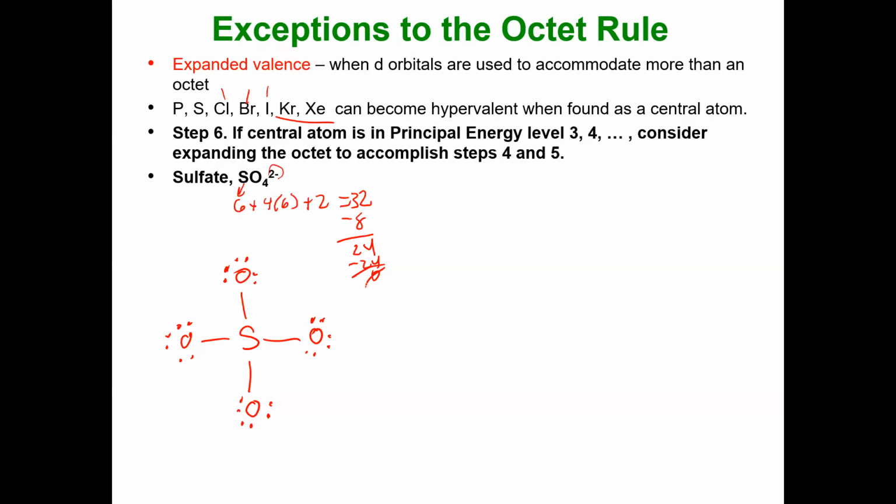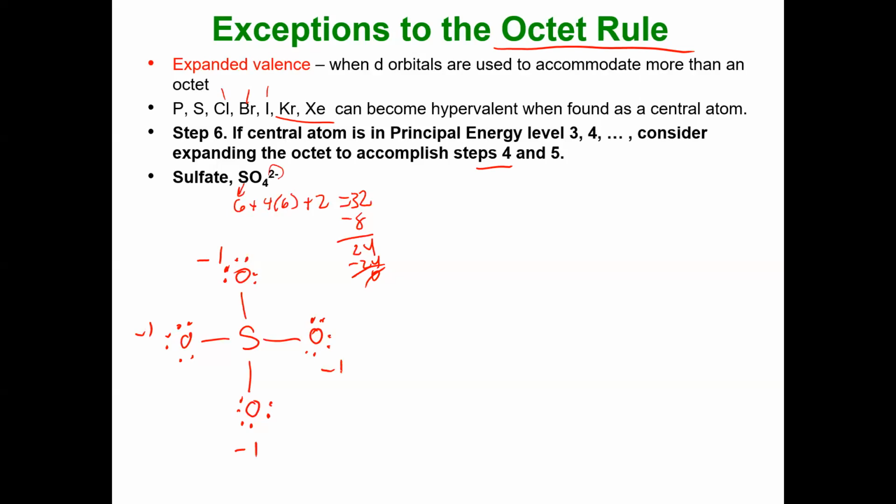What people don't realize is, in your introductory and preparatory chem, you'd be done because sulfur has an octet. But this is general chem, and we can expand our octets. Why? Hypervalency, in a principal energy level of 3 or greater that has d orbitals. So when I use formal charges from step 4, and watch those videos, each oxygen has a formal charge of -1.